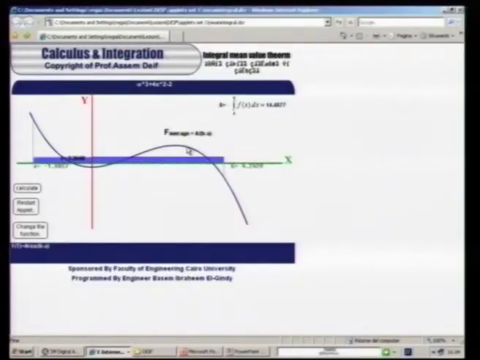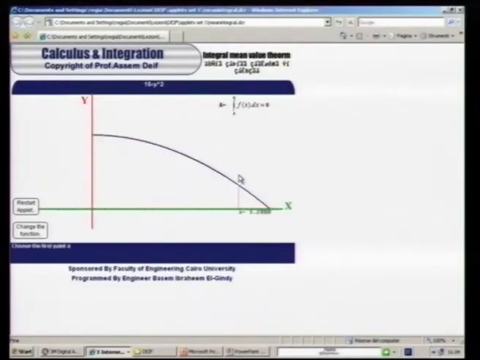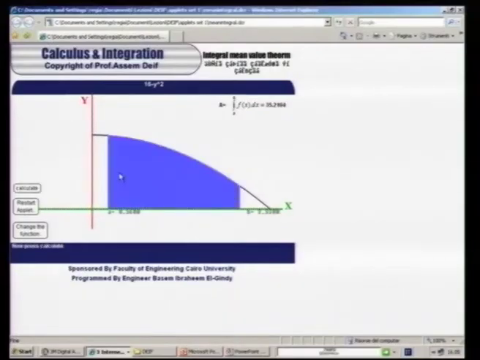This is another applet that has been devised at Cairo University. If you change the function, for example, this one here, this is the function we started with when we talked about the definite integral. It represents a certain relationship. We don't know what kind of relationship it represents, but it doesn't matter. Again, if you take, for example, 2 points here, this gives you the integral, in other words, the whole variation of the function over the time.